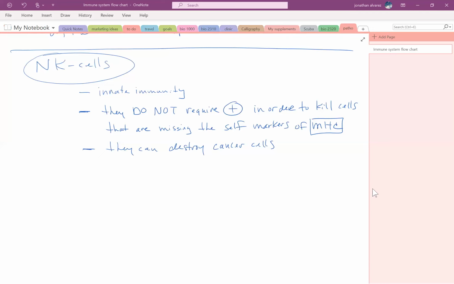Are NK cells affected with chronic issues? You mean like if a person has a chronic illness? Are the natural killer cells affected? Do they maybe just stop working at some point?